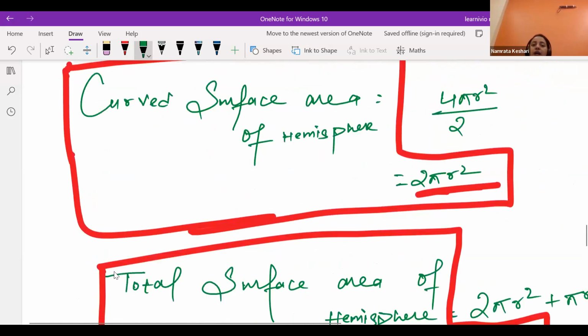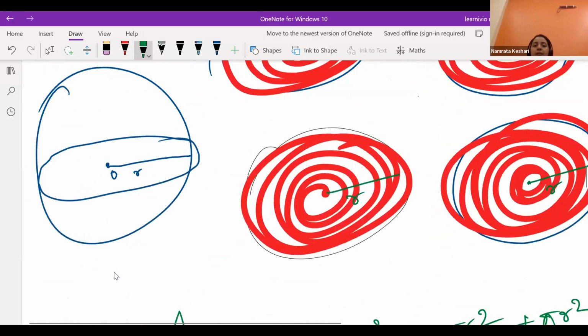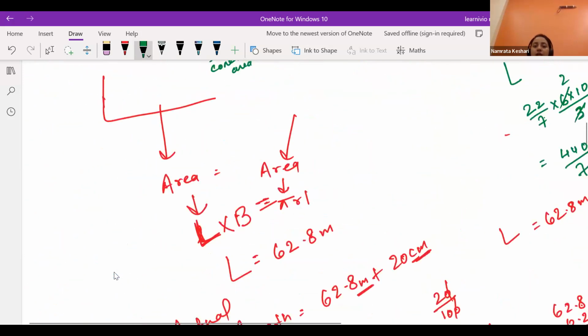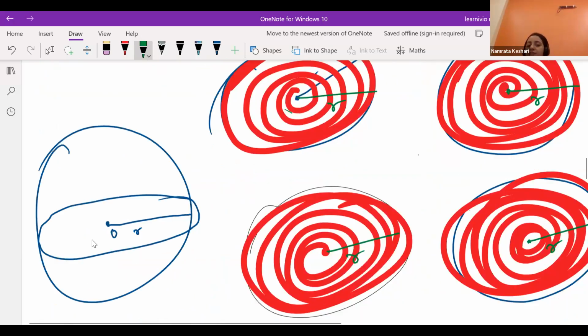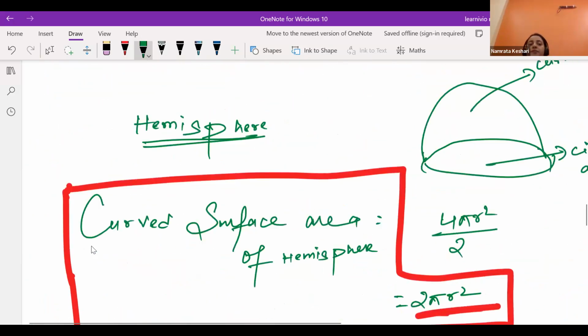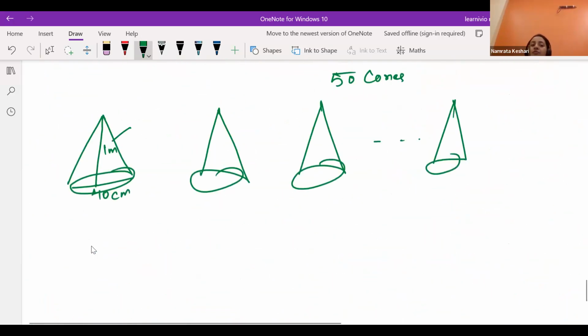Note it was in centimeter and it is in meter. If the outer side of each cone is to be painted and the cost of paint is rupees 12 per meter square, what will be the cost of painting all the cones? So basically we have to find the curved surface area of one cone, because only that portion will be colored. It is clearly written in the question.